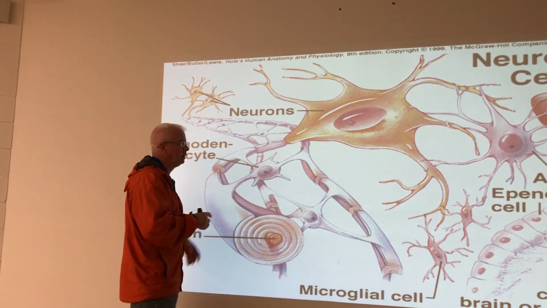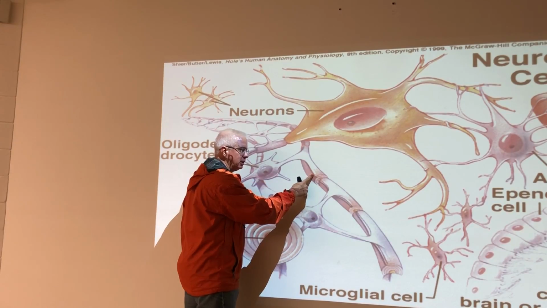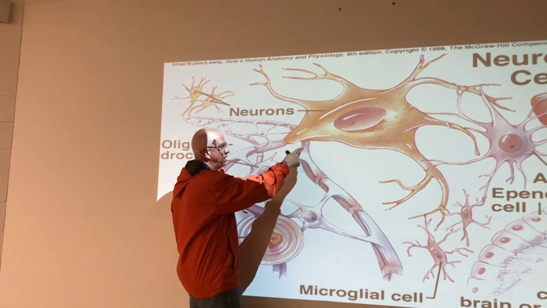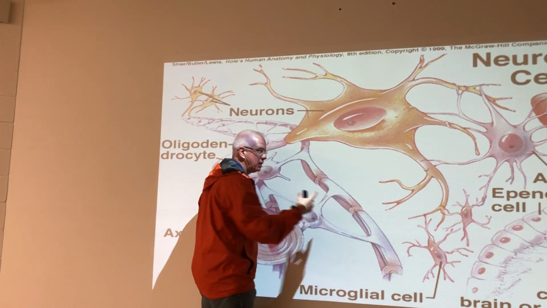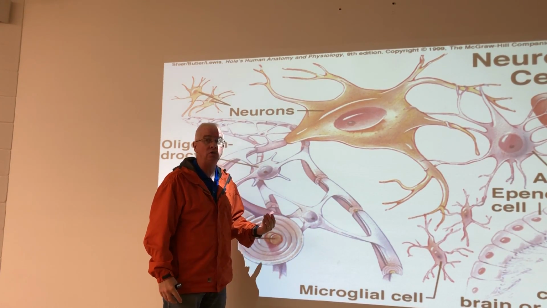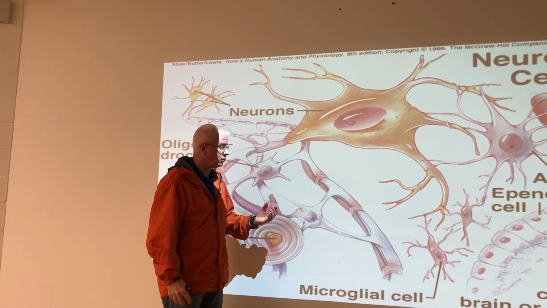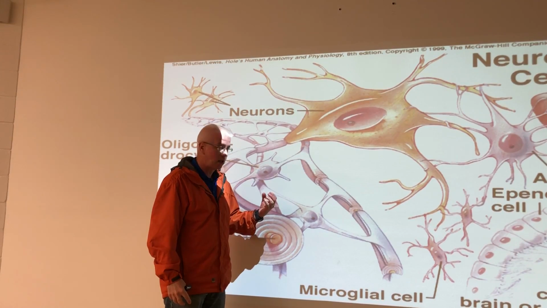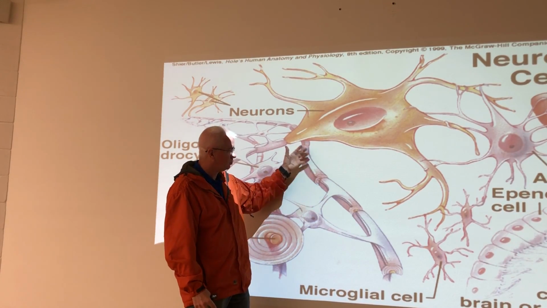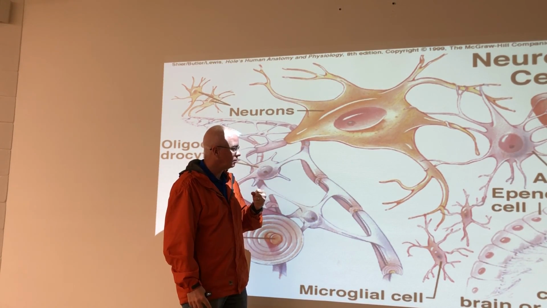Now you can also see that this myelin being produced here does not cover the entire axon. Instead, there are gaps between the pieces of myelin, and we call those gaps nodes. The axonal nodes are the nodes of Ranvier, R-A-N-V-I-E-R. I'm going to say that again. So the nodes are the gaps between the myelin pieces.